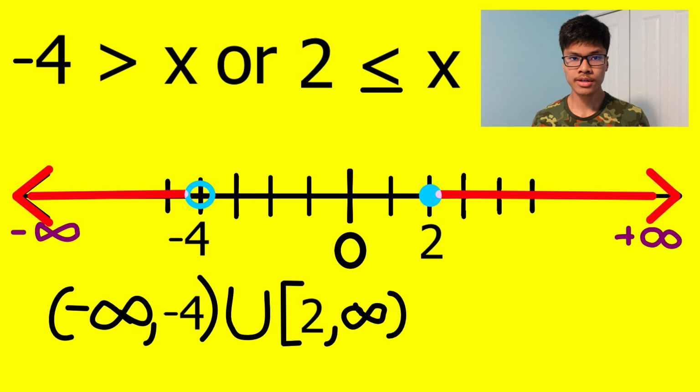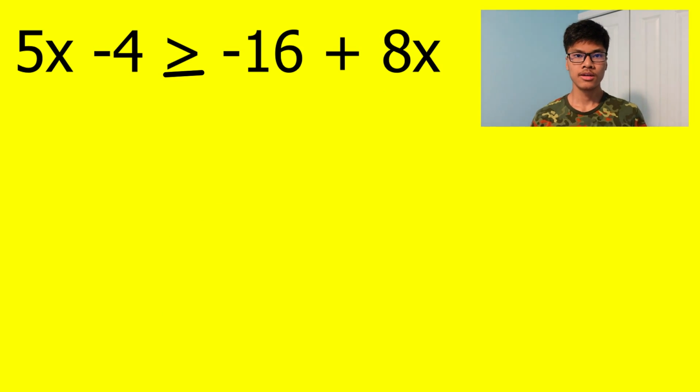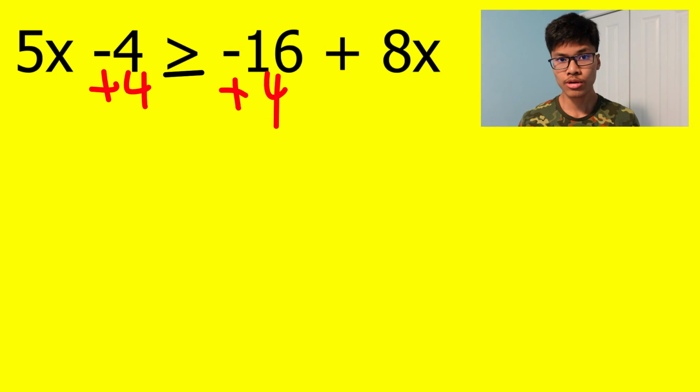Now we will be solving some inequalities. We have 5x minus 4 is greater than or equal to negative 16 plus 8x. Let's start off by taking out the negative 4 by adding positive 4 on both sides.